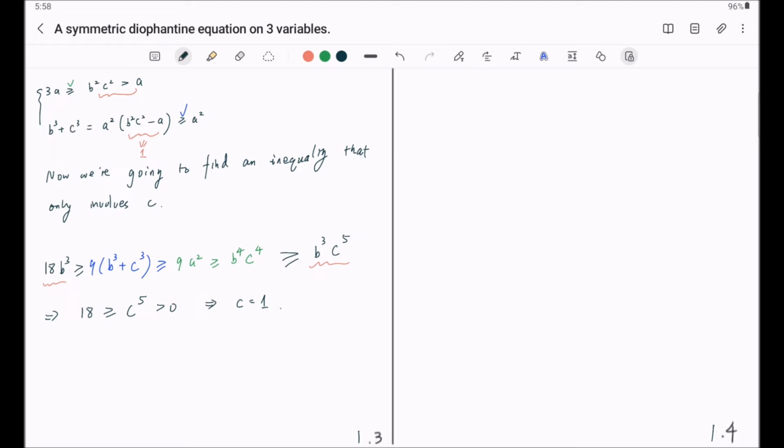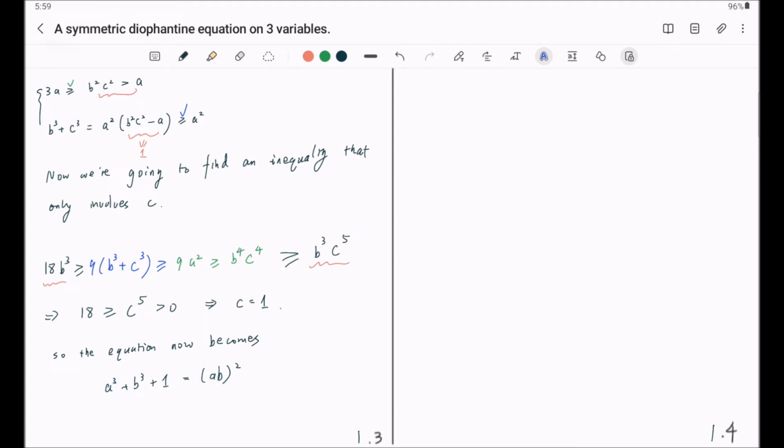Good. So now the original equation becomes a cubed plus b cubed plus 1, because c is 1, equal to ab squared.